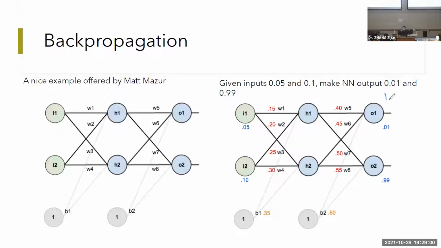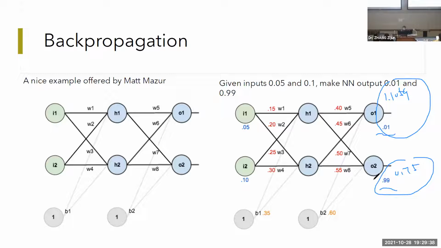What we observe so far is that, based on the current network structure, the output of the output node 1 is 0.75 something, and the output of the output node 2 is 0.77 something. Then we find the output node 1 has a very big error because the observed value is 0.01. And the output node 2 still has an error, and it is significant too.